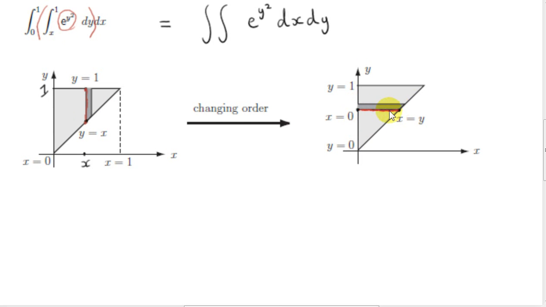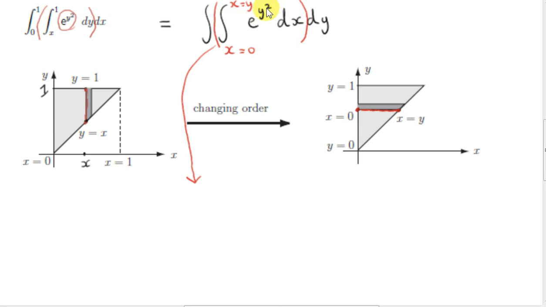We want the cross-sectional area under the surface along this horizontal line, so we are running from x equals 0 to x equals y, integrating with respect to x. So we need to evaluate this integral here. Now this is a straightforward integral, integrating e to the power of y squared with respect to x.